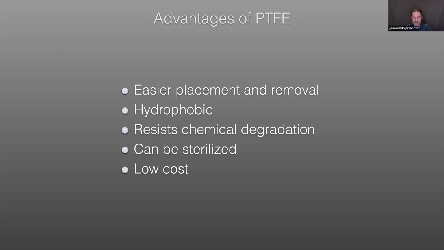It's hydrophobic, so it doesn't absorb moisture. You can squeeze out the moisture and blow it away. It resists chemical degradation and can be sterilized. Polytetrafluoroethylene has a very high melting or degradation point when it comes to heat. So it's a sterilizable product, and it can be made low cost.